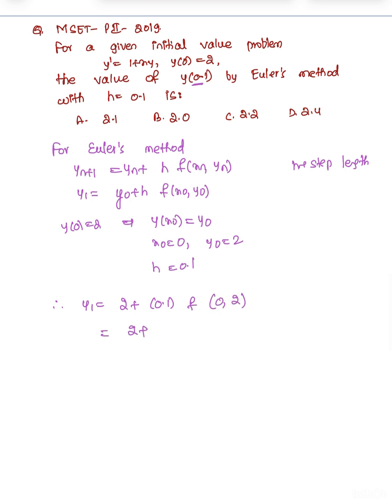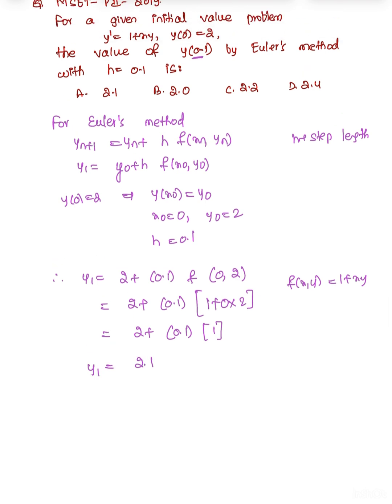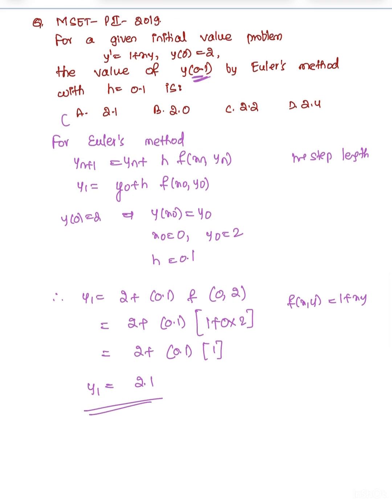This is 2 plus 0.1 into, here f(x, y) will be 1 plus xy. So 1 plus x0 y0, where x0 is 0, y0 is 2, equal to 2 plus 0.1 into 1 plus 0 into 2, which is 0, equal to 2.1. Therefore the value of y at the point 0.1 is 2.1. The correct option is option A.